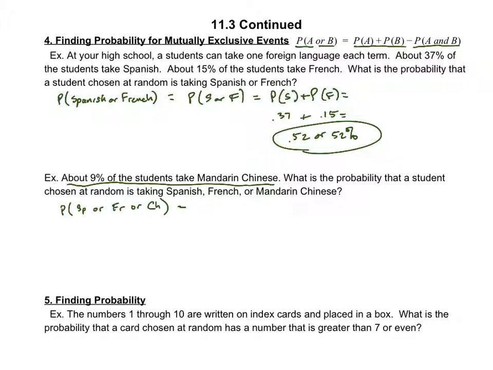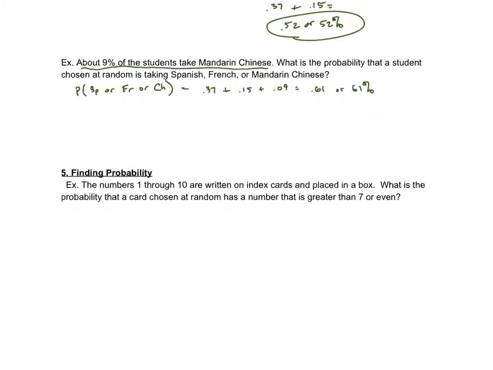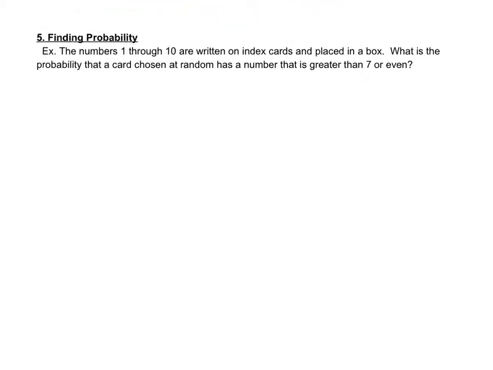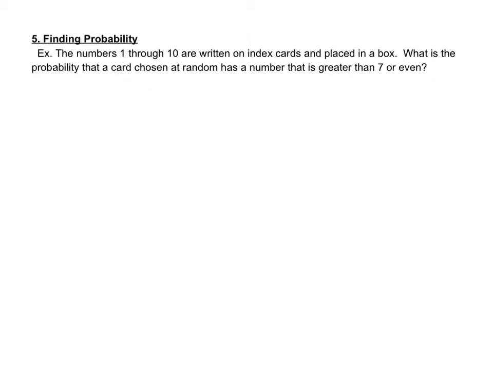So the probability of Spanish is 0.37 plus French is 0.15, and then Chinese we said is 0.09, and that all comes to 0.61 or 61%. It's the probability of selecting a student taking one of those three languages.